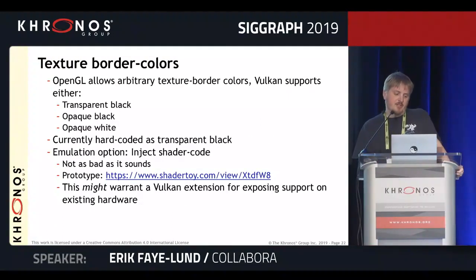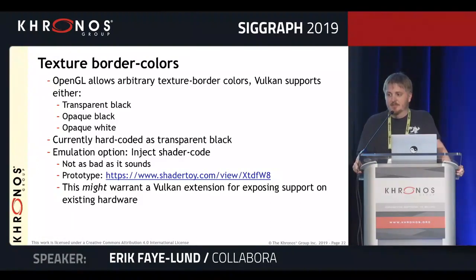Texture border colors. OpenGL allows you to specify any border color you want for textures, and Vulkan has a list of 3 different colors. I currently just hardcode it to transparent black, and I don't really know of any application that uses it.